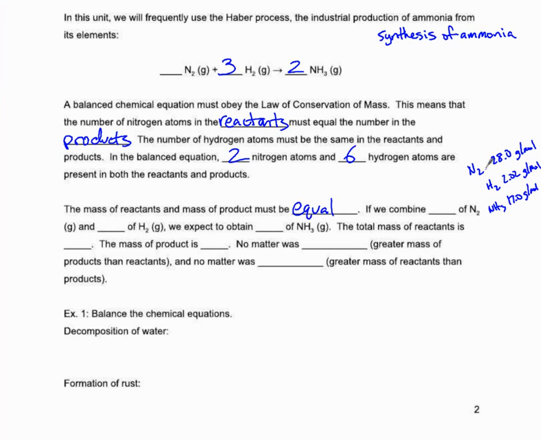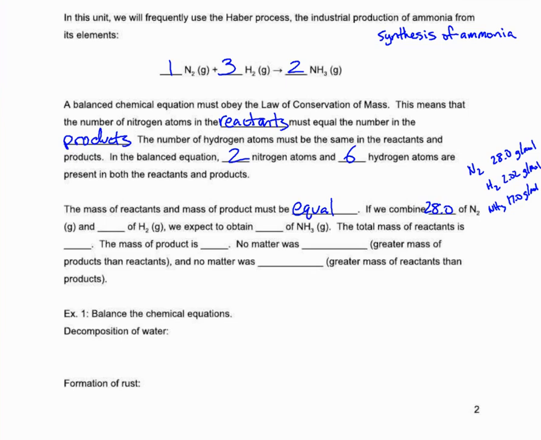And I'm going to use these numbers along with the recipe to figure out how much we're going to put together. So I'm going to put in nitrogen, 28 grams times 1. 28 grams of nitrogen.